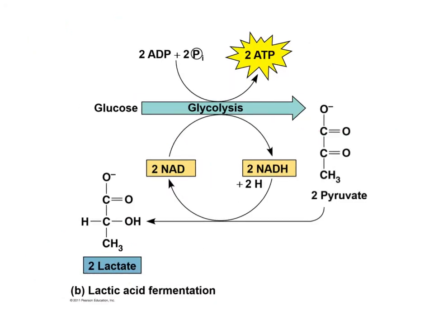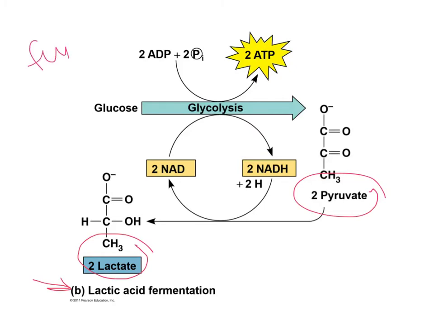So the other kind of fermentation is lactic acid fermentation. Lactic acid fermentation is just a one-step process here. Okay, so this pyruvate here is reduced, NADH is oxidized to NAD+, and lactate is my end product. There's no release of CO2 here.